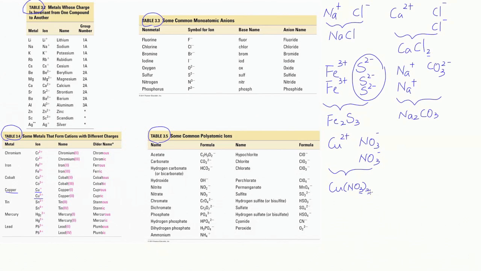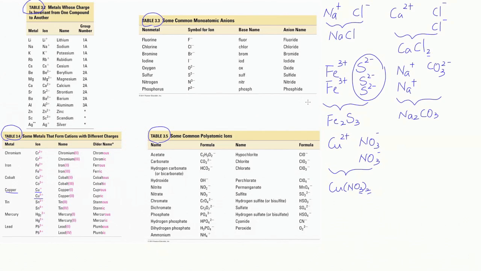The 2 here means in each copper nitrate molecule, you have 2 nitrate anions. So that's the difference between these two. So this is the first topic. You guys can just choose the ions you want and combine them to practice how to write the formula.